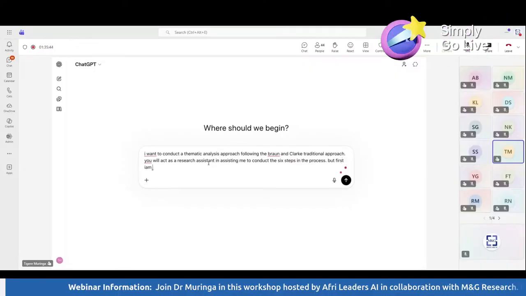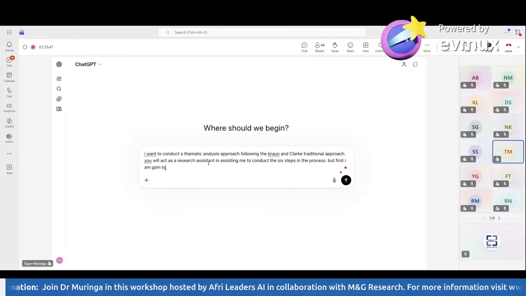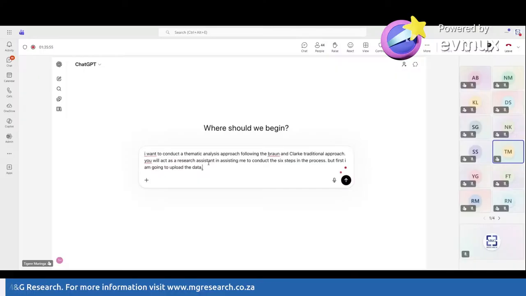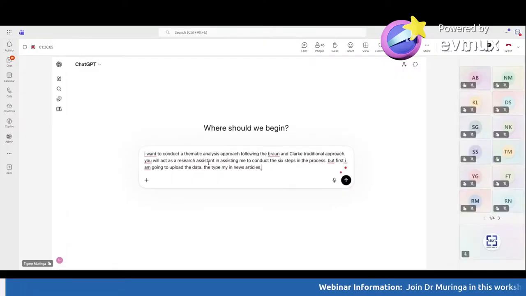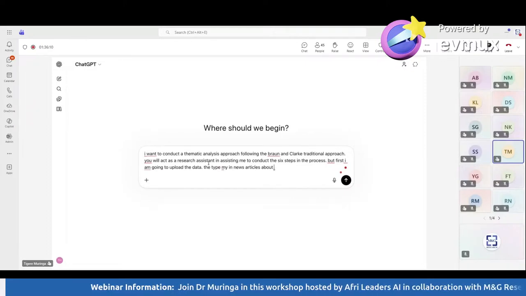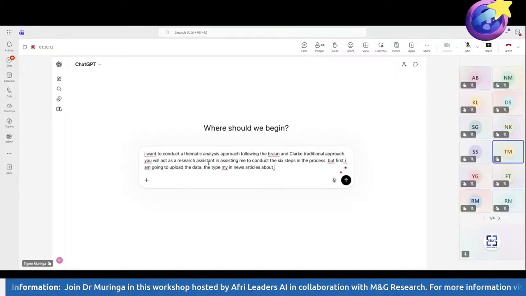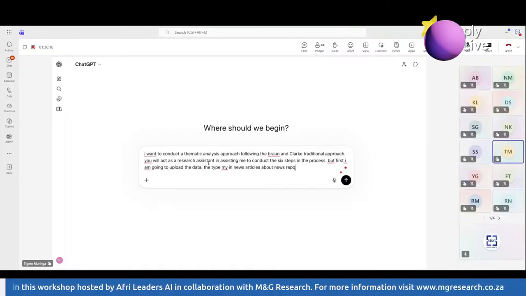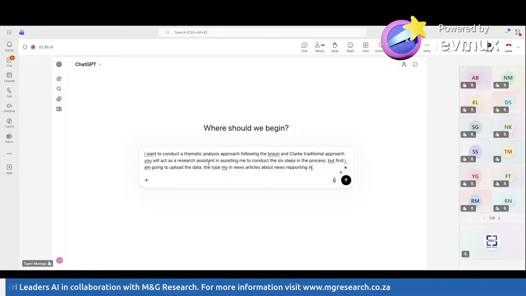But first, I am going to upload the data. And I need to explain that the type of my data is news articles about news reporting on, and then I'm giving it context.